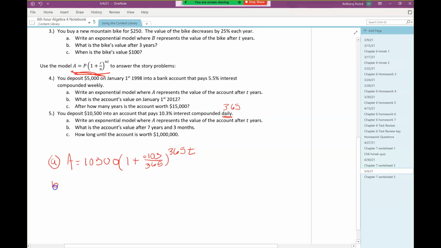Part B says to find the account's value after 7 years and 3 months. So I need to convert that into just years. So how much of a year is 3 months?